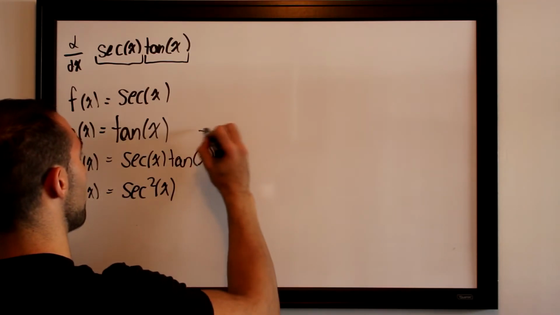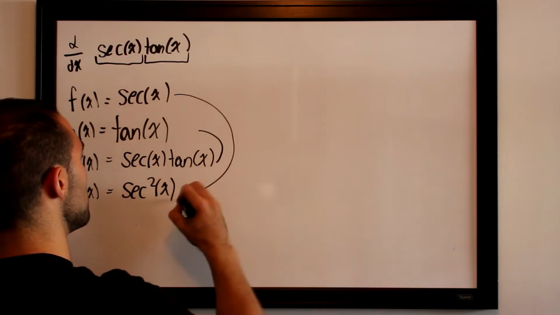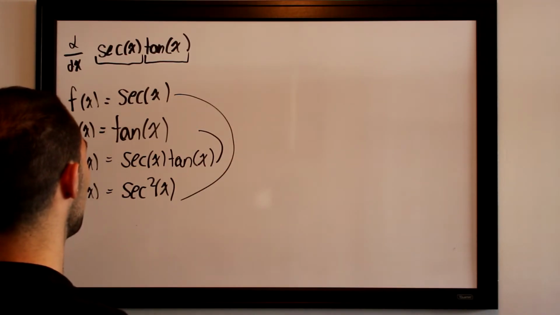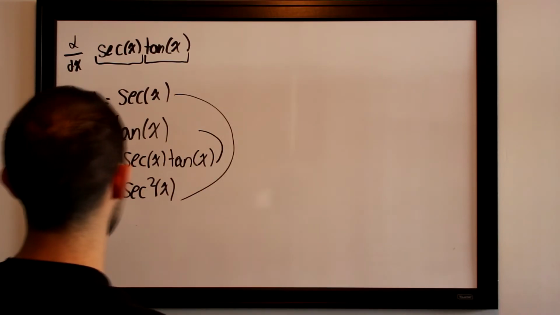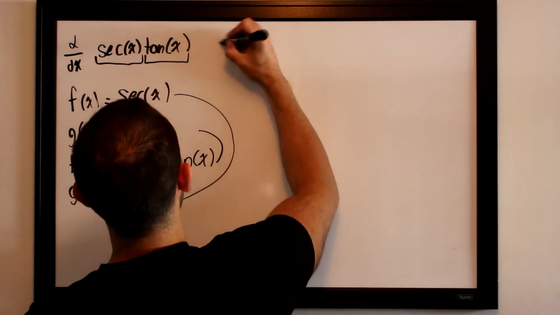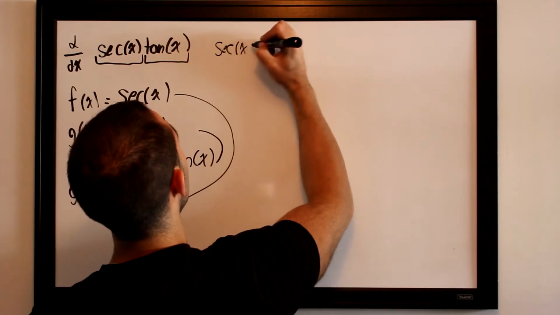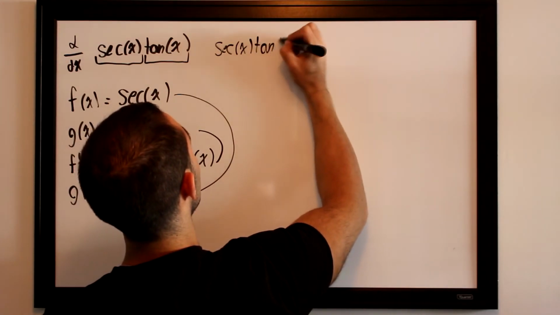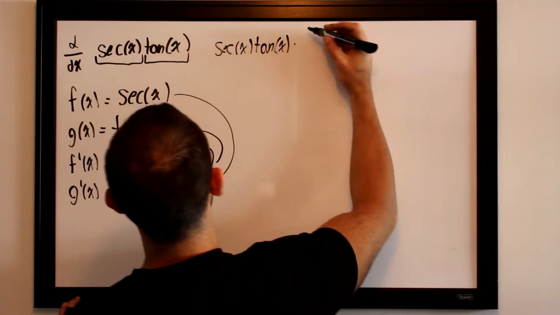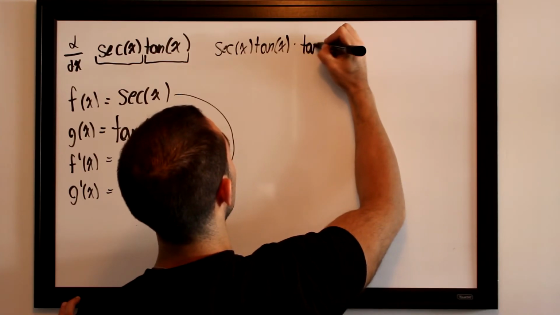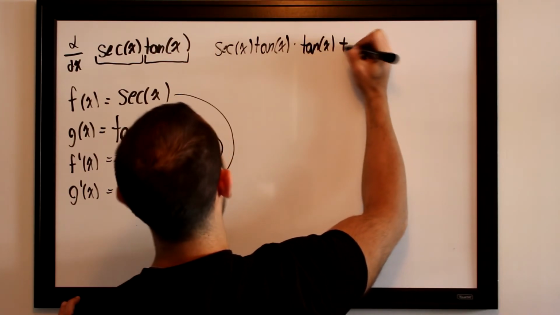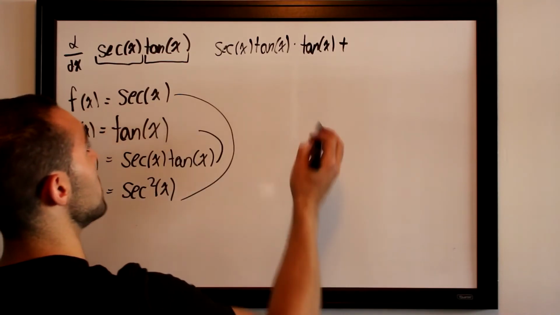So we will join our f prime with our g and our f with our g prime, and we'll be left with f prime times g of x, which is secant of x tangent of x times tangent of x. And then we will add on secant of x times secant squared of x.